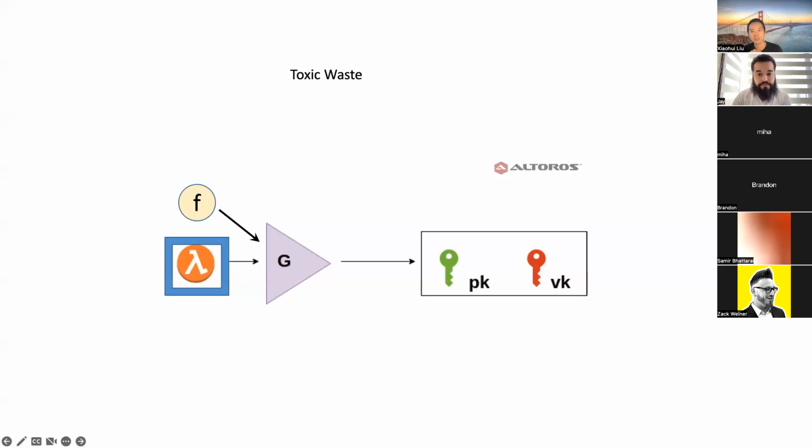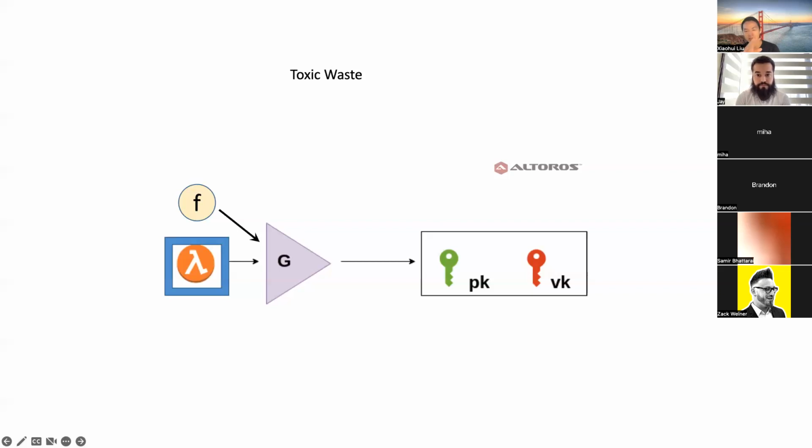So basically, if somehow the prover knows this lambda, which is called toxic waste, that's why it's called toxic, right? Because if somehow the prover gets access to this secret number, lambda, he can produce a valid proof the verifier will accept, but he doesn't actually know the witness. For example, say Alice wants to prove to Bob, hey, I know some solution to this Sudoku problem.